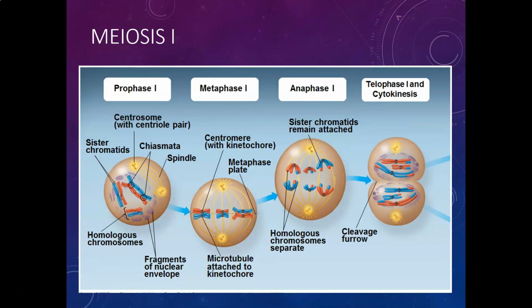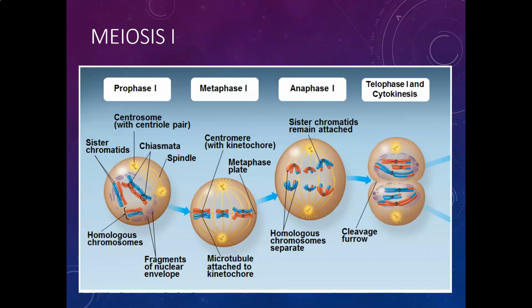So when we look at meiosis 1, this is just a basic diagram representation of what happens. You've got your hallmark things that happen in prophase. The spindle fibers are forming, they're connecting to the chromosomes, the centrioles are moving to the poles, the nuclear membrane is disappearing.